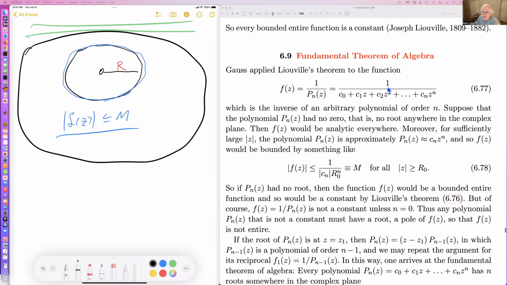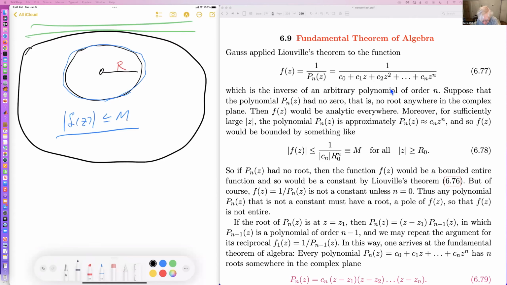Okay. So now we can prove the fundamental theorem of algebra, which is something that I advertised a couple of weeks ago. And it was Gauss who applied Liouville's theorem to a function 1 over an arbitrary polynomial. The c's are just constants.